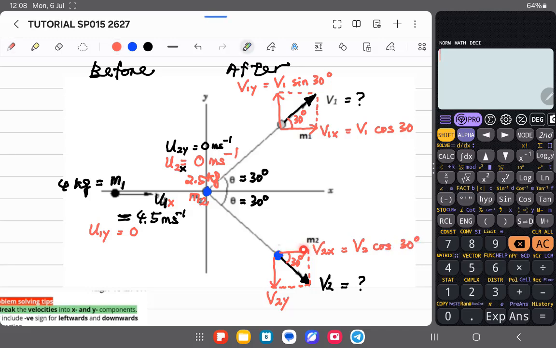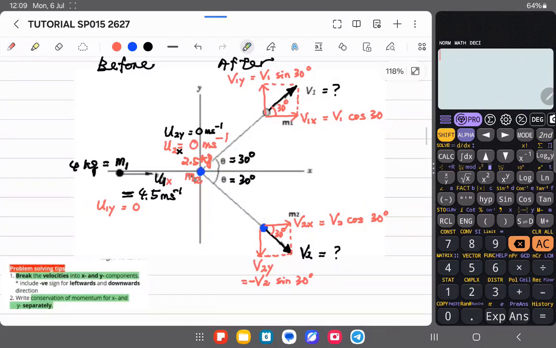Because this component is adjacent to the angle. Then V2y will be V2 sine 30. But then, be careful. The component y for the ball 2, V2y is acting downwards. So we should add a negative sign. So don't forget the negative indicates that the component is downwards.